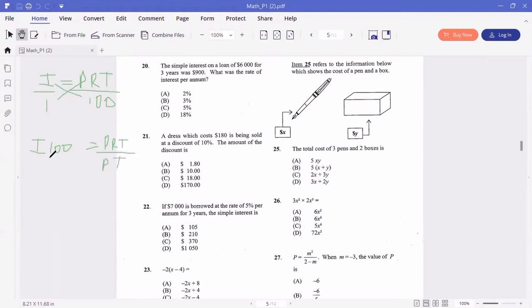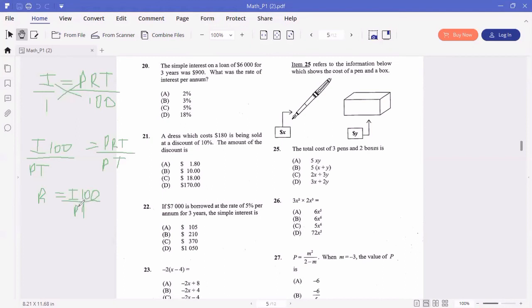What I do on one side, I do on the other side. So I get R equals the value of I times 100 over PT. Now I can substitute my values.